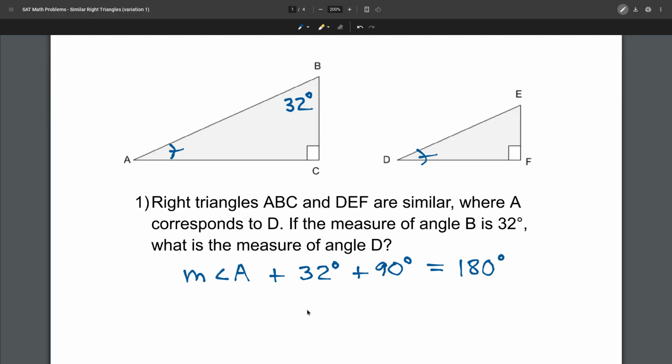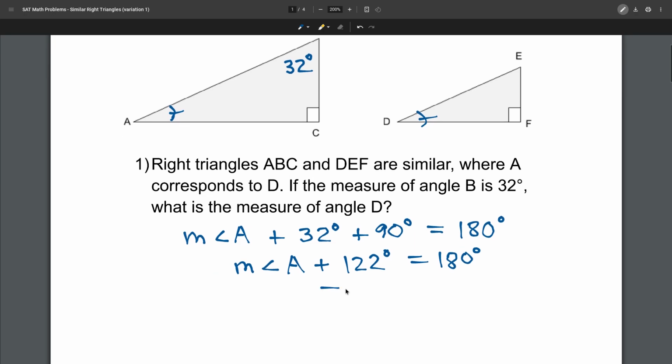We can combine 32 and 90, so we can say the measure of angle A plus 122 degrees equals 180 degrees.